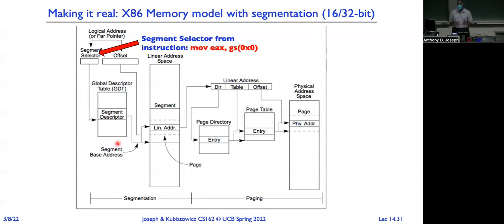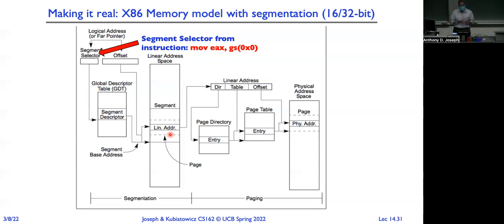That's global across all processes. There's also an LDT, or local descriptor table, which is specific to an individual process, and you can control which one the lookup happens in. That gives us a base address for a segment within our linear address space. So this is how we go from what they call the logical address to our actual address in the linear address space.